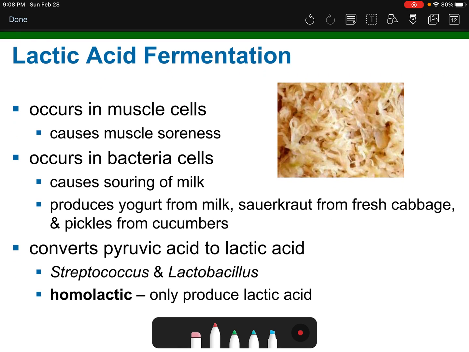Lactic acid fermentation can occur in your muscle cells. If you've worked out and really run a long race, and later on your muscles are really sore, it's because some of that lactic acid has built up.